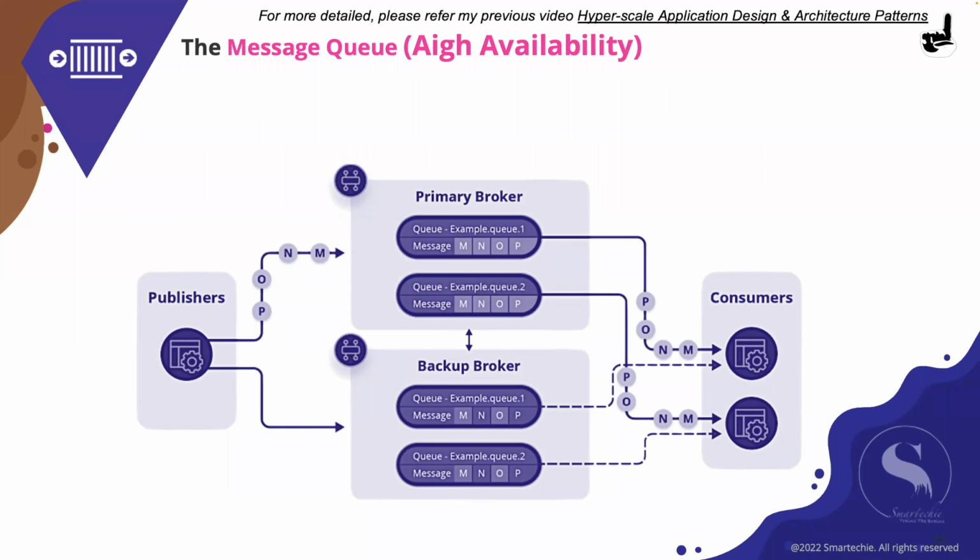You also need to maintain a clean and simple failover strategy. Whenever the primary broker fails, the backup broker seamlessly switches its status from standby to active broker, allowing clients to automatically reconnect to the active broker itself.